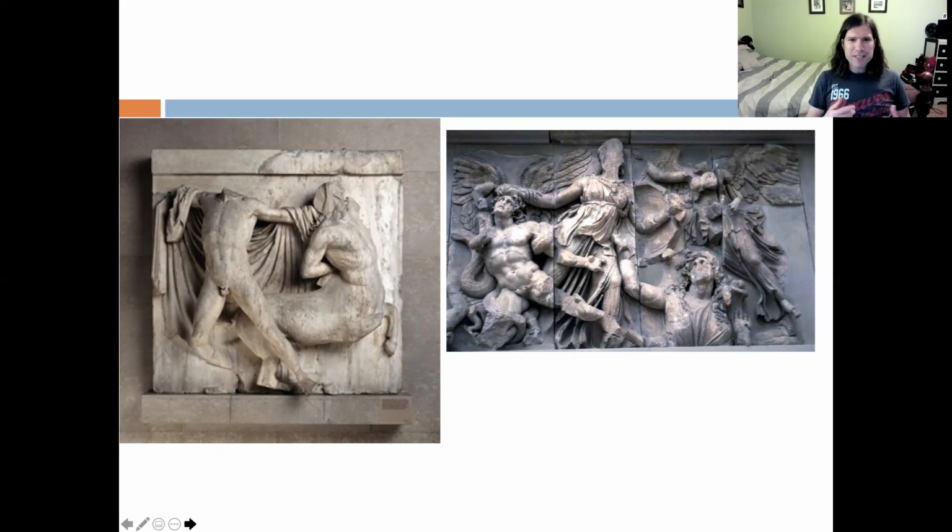You don't really have this sense of frenzied action that you do in the altar of Zeus. And you also have a much less cluttered composition. There's much less visual detail and information to take in. So this is an example of how we move from this very stately sculpture in the classical period to a much more dynamic, dramatic, even frenetic action in Hellenistic sculpture.